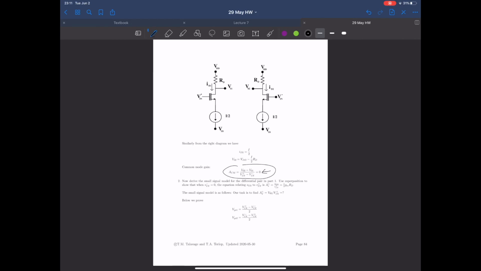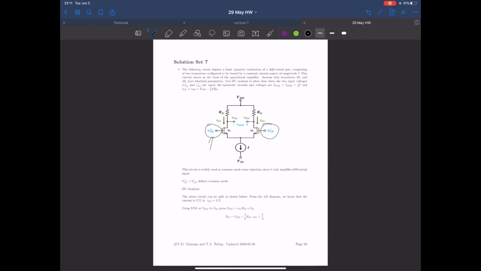Your common mode gain, first of all, I'm not even sure this is the right equation, but the difference here in this particular example where we've set the inputs to be equal to each other, right? This is the AC plus the DC component coming in, and if these two are equal to each other, then the DC components will be as well.